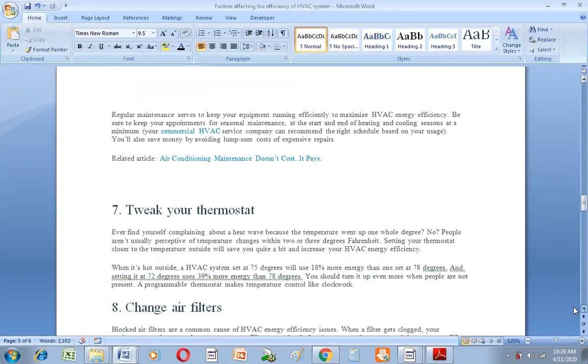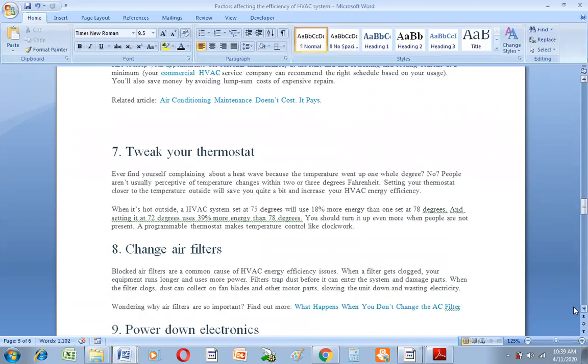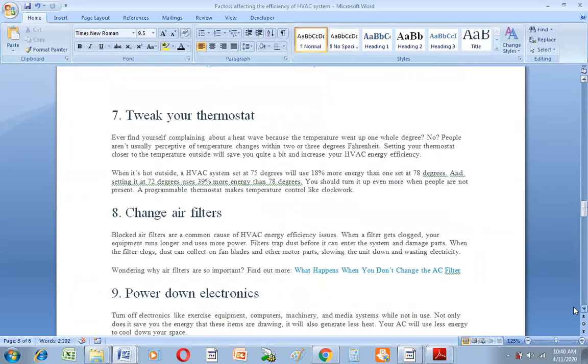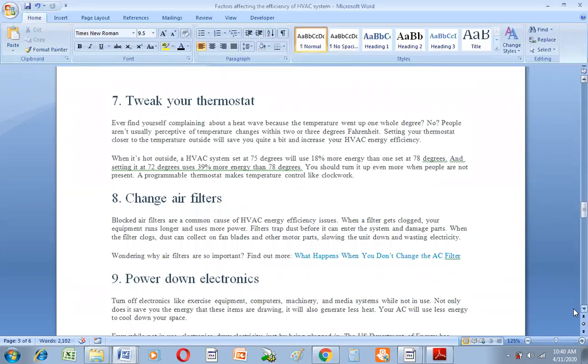Thermostat point we have discussed. Then air filters: we have to change the air filters, or even clean the air filters, so that the filtration of air will take place very easily and you'll get very cool air.